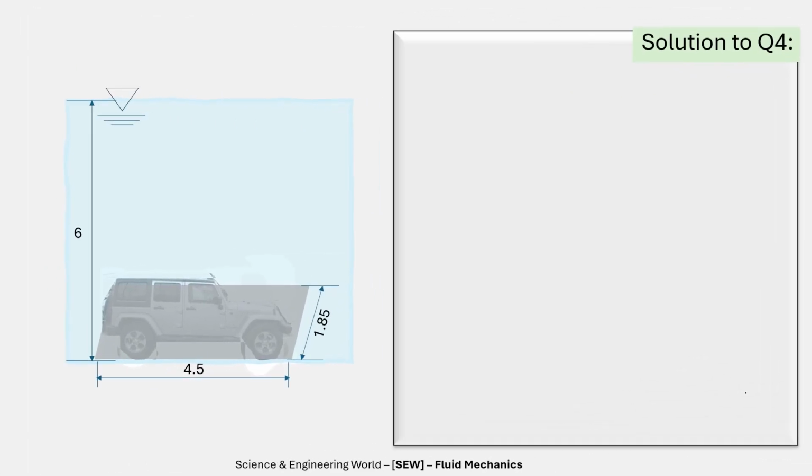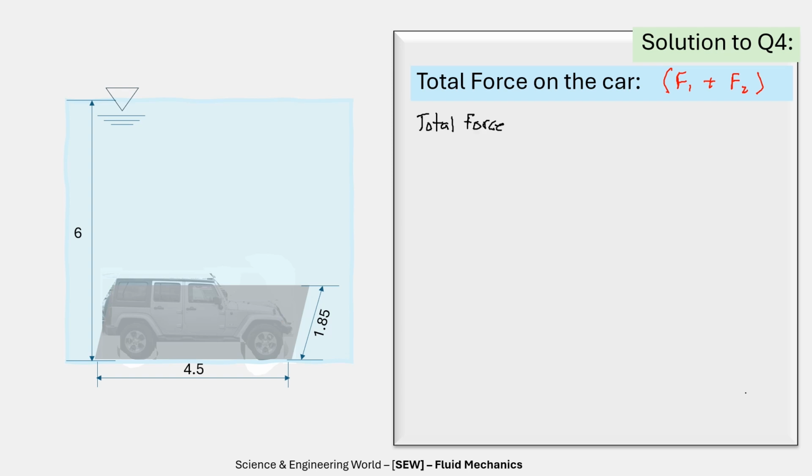The total force on the car will be the sum of F1 plus F2, that is total force equals 499,809.69 plus 21,582.